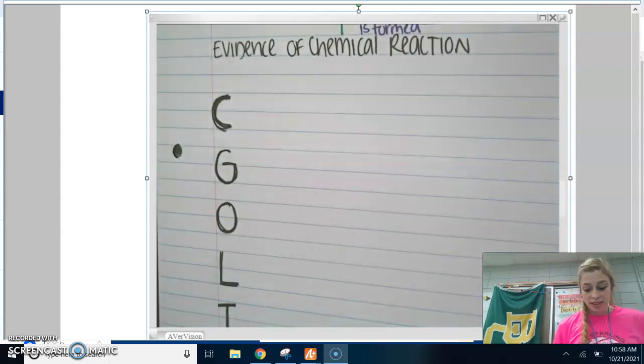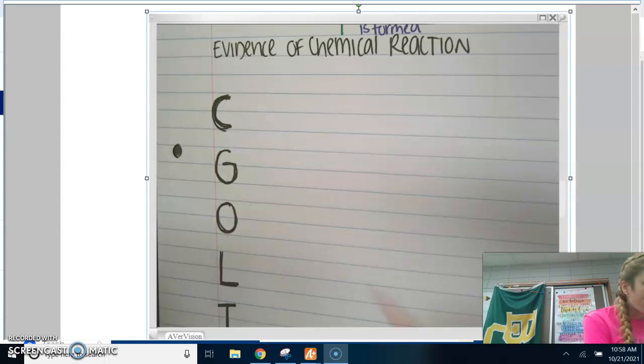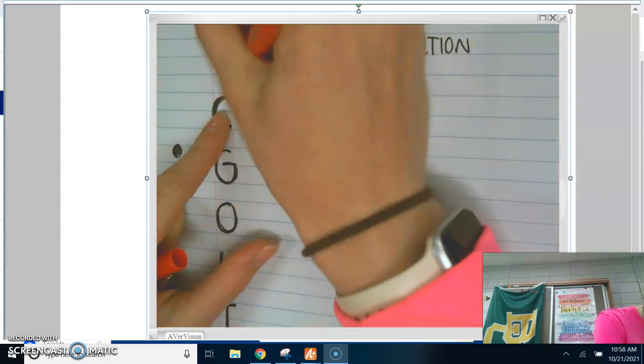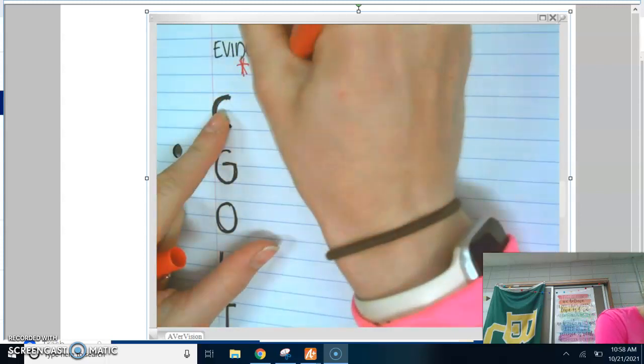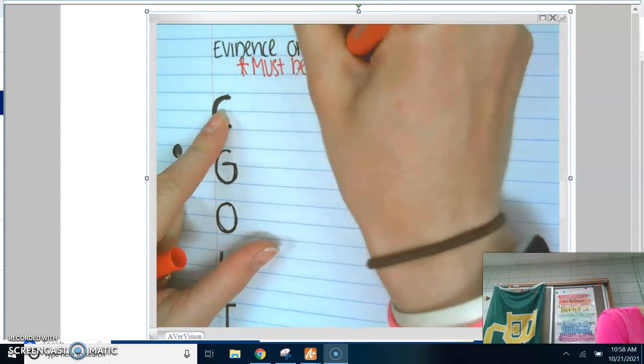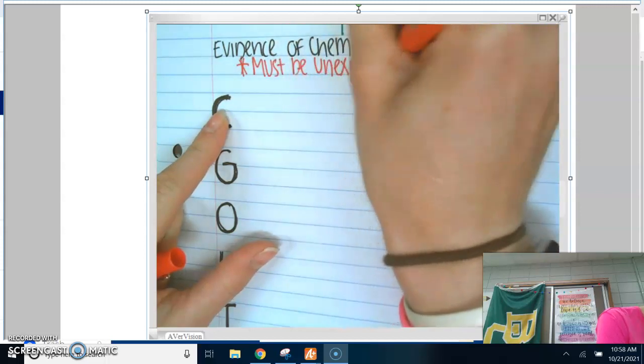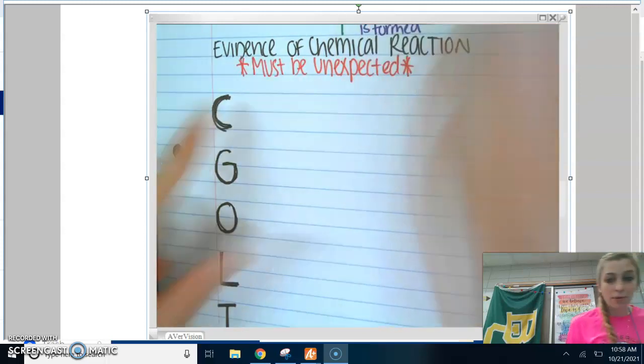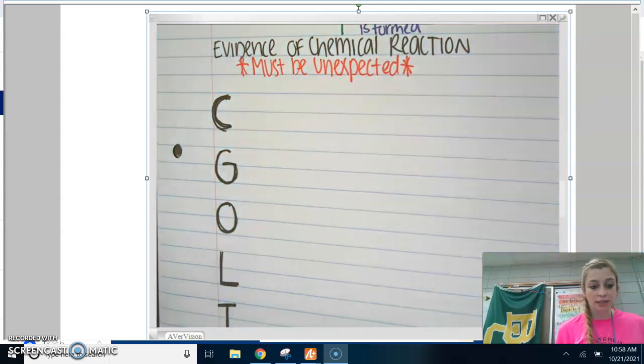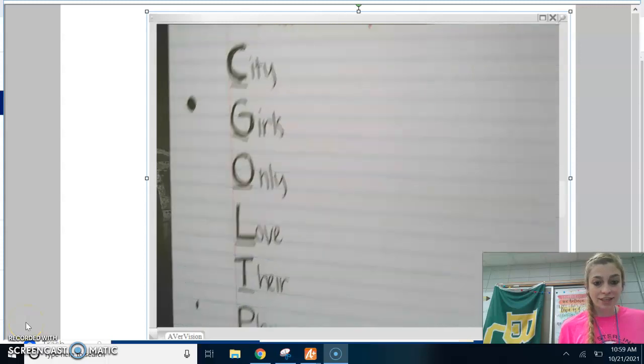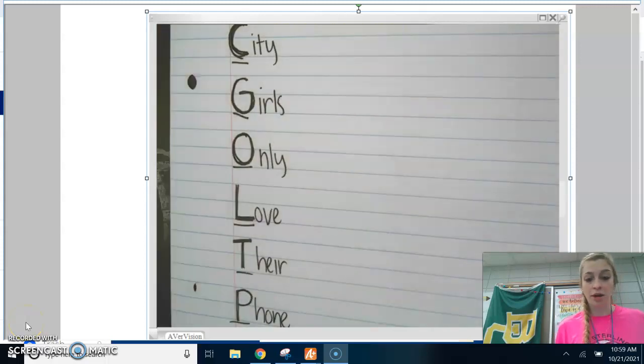These pieces of evidence that we're going to talk about, they have to be unexpected. I'll talk a lot about what that means, but they have to be unexpected. Okay, so I stopped and filled in y'all's mnemonic really quick. We remember the evidence of a chemical reaction, the 6 signs, by a mnemonic called City Girls Only Love Their Phones. City girls only love their phones.